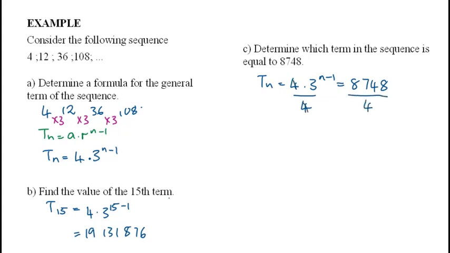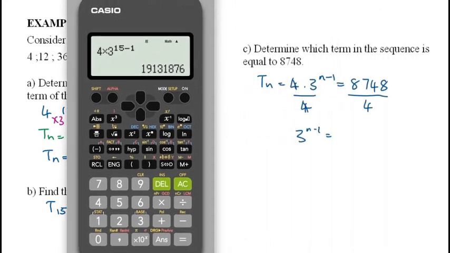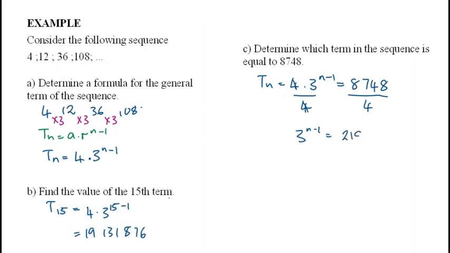So 3 to the power of n minus 1 becomes equal to 8748 divided by 4, which is equal to 2187. This is a standard exponential equation.